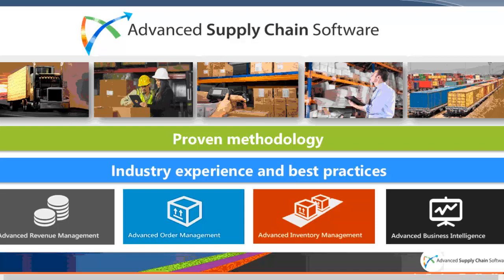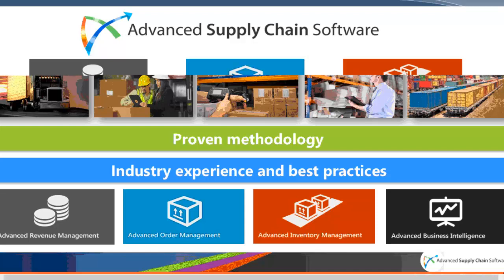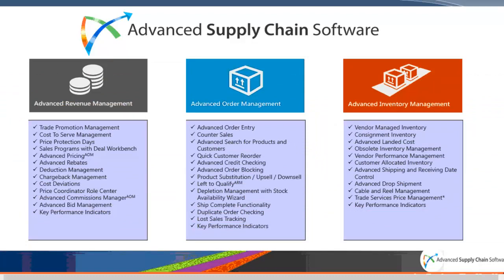Also, features around inventory and order management that are useful not only for distributors but also customers in general. And we've also created some additional business intelligence, which is really a key driver for us within our product direction.